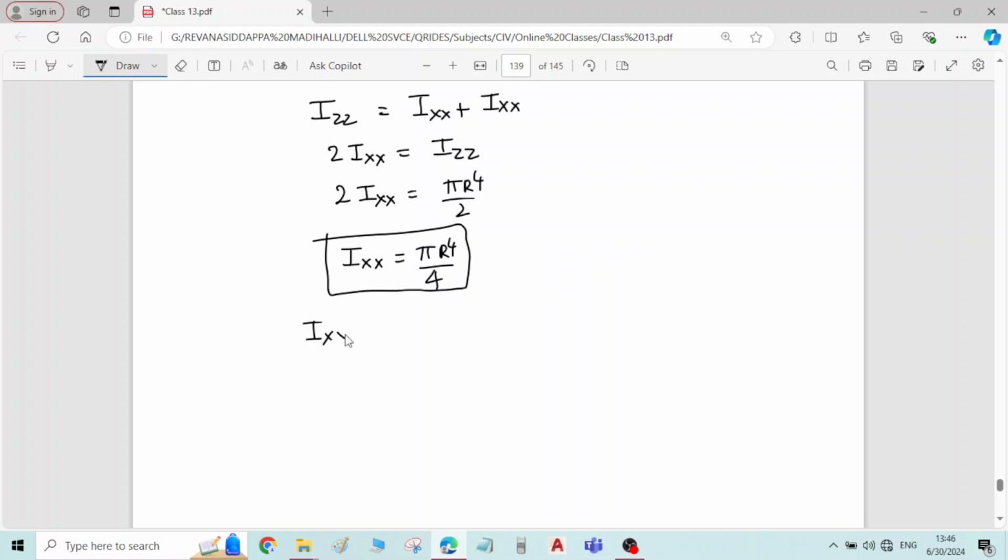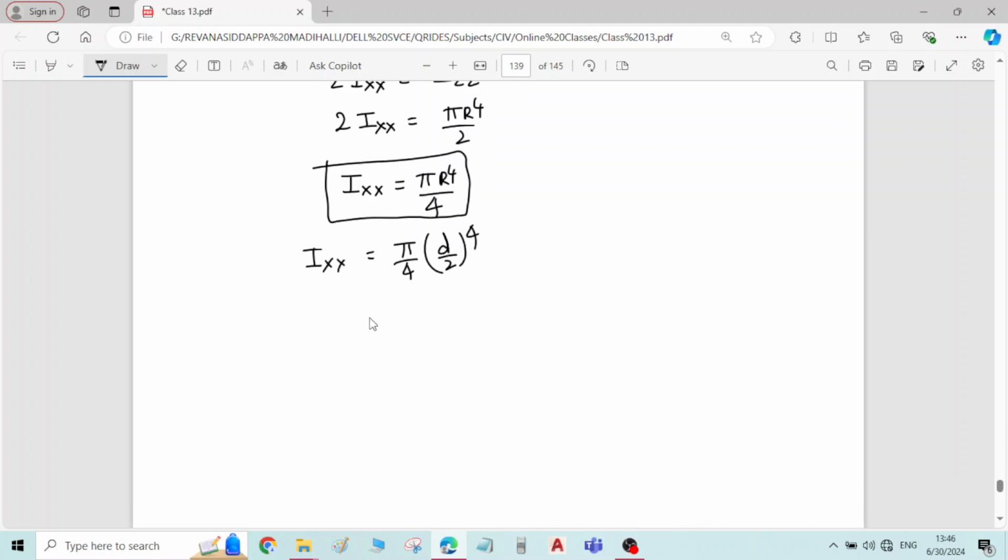Ixx is equal to pi by 4 into radius, which is d by 2, to the power of 4. So pi by 4 into d by 2 to the power of 4 means d to the power of 4 divided by 2 to the power of 4. 2 to the power of 4 means 2, 2, 4, 16 it is.